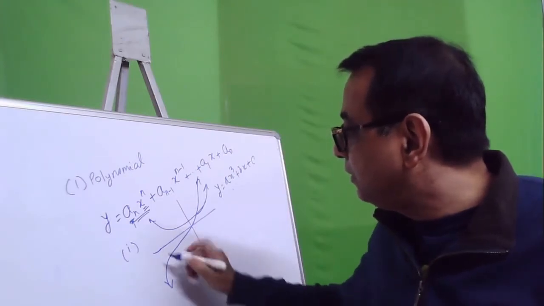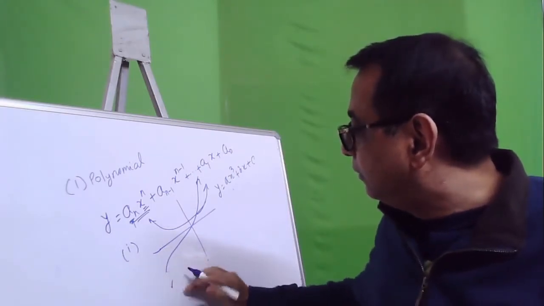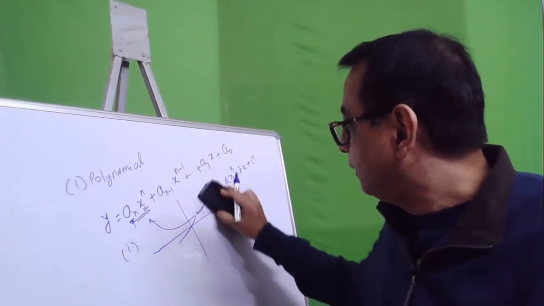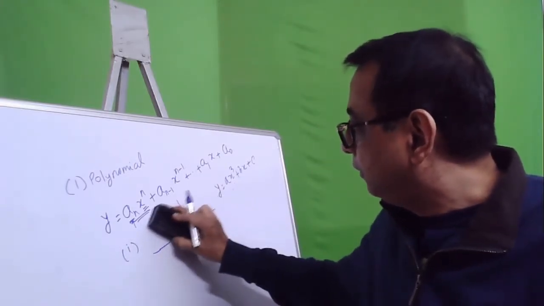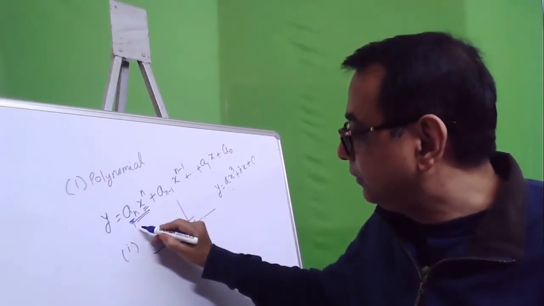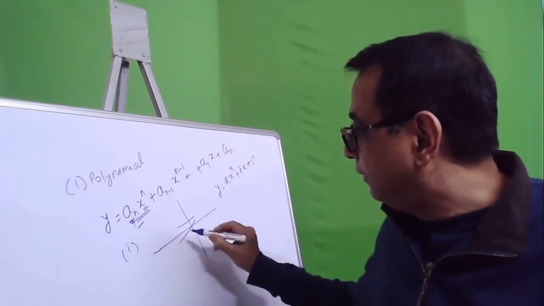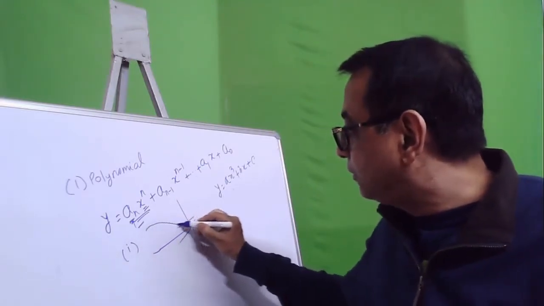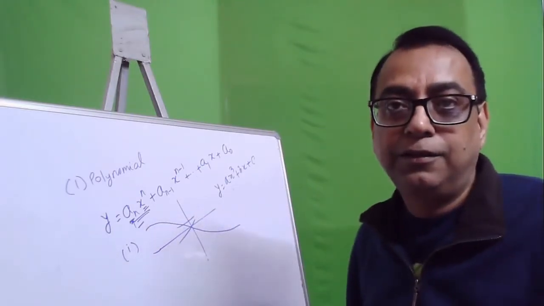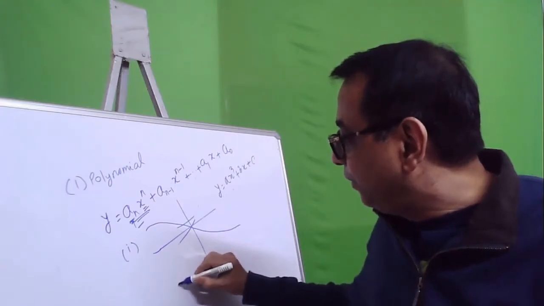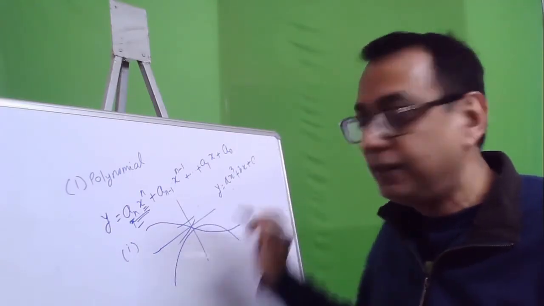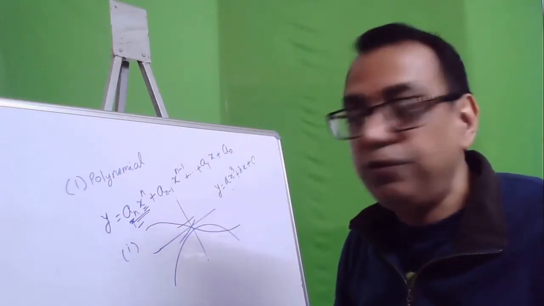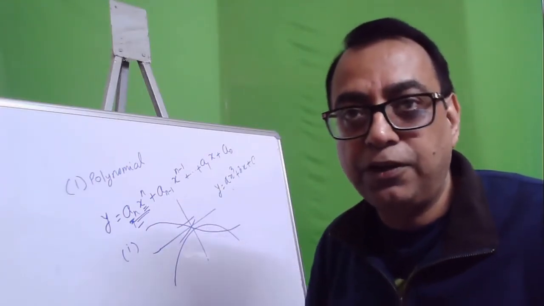That means if this coefficient is negative, then the odd power will be like this, and the even will be like this. So this is the beauty of the polynomial function.